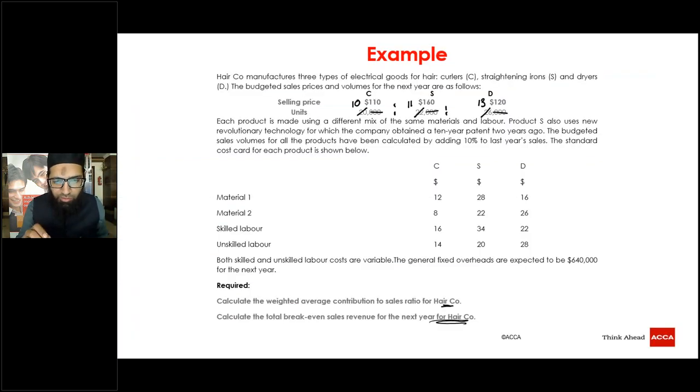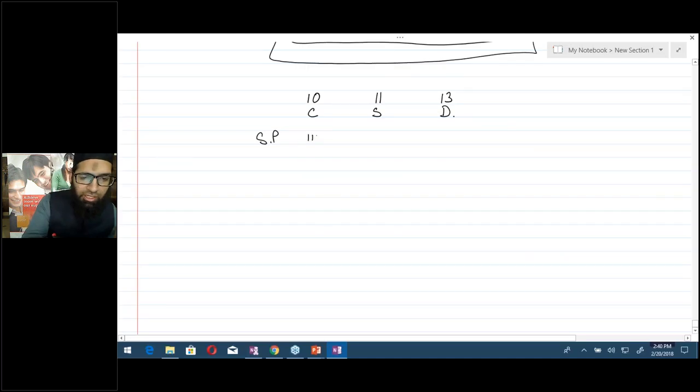What is the selling price of C? Over here: 110 for C, 160 for S, and 120 for D.